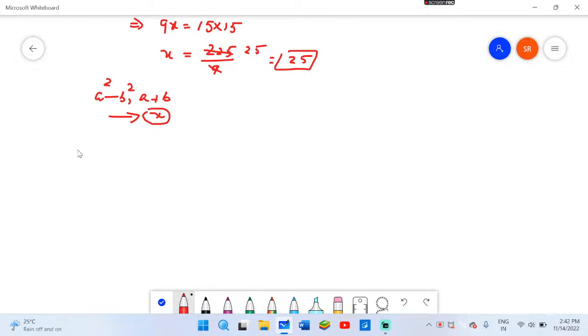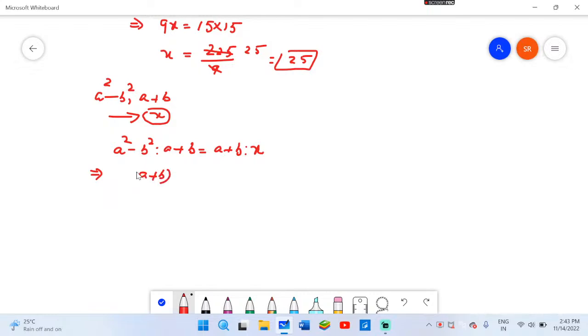Therefore, by definition, a square minus b square is to a plus b is equal to a plus b is to x. So product of extremes is equal to product of means.